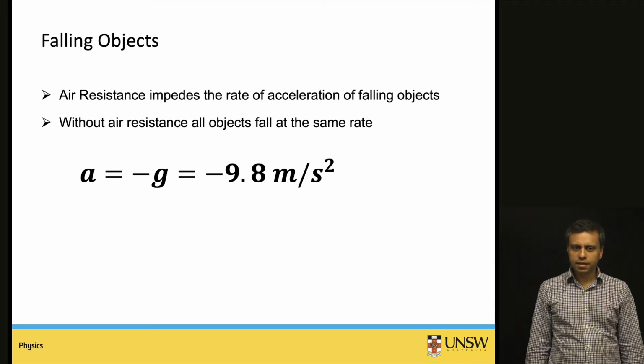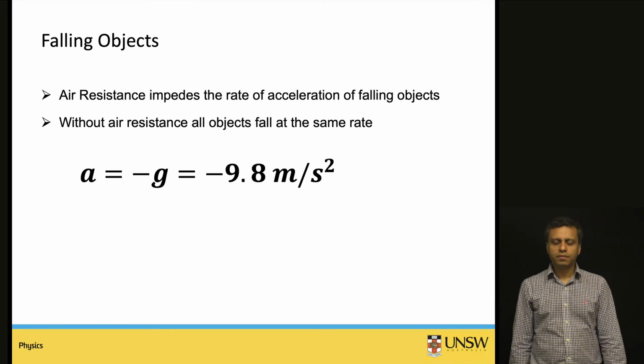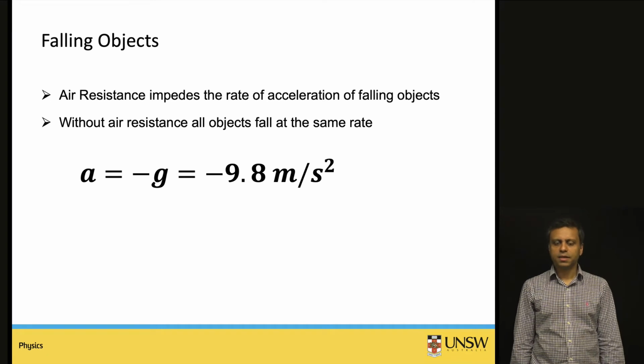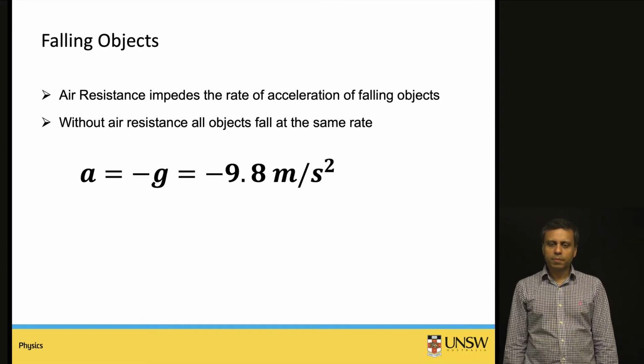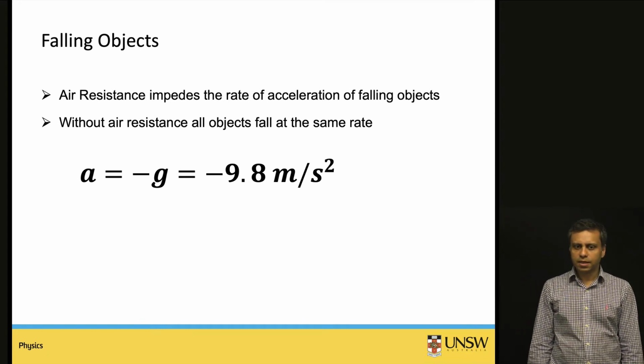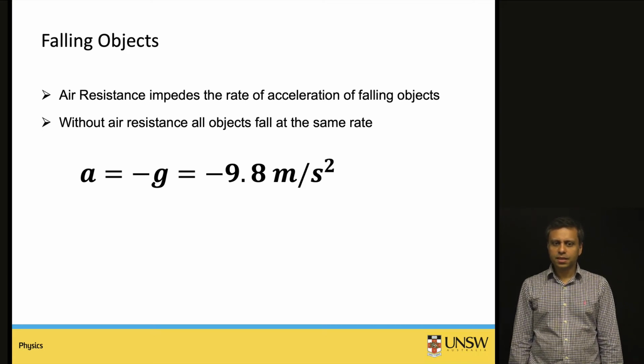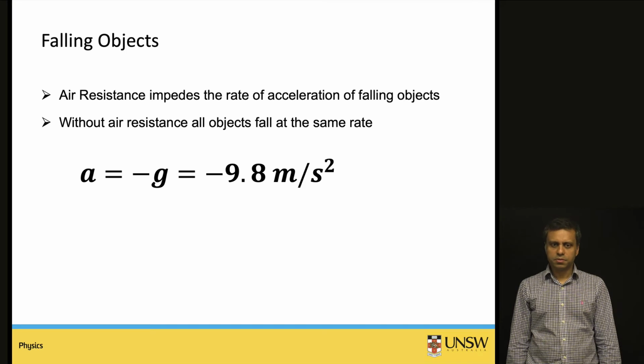There is a negative sign. g is the acceleration due to gravity, which has the value of 9.8 meter per second square near the Earth's surface. So then we can apply the equations that we have just derived, but substitute minus g in place of a in those equations. And we can analyze motion of freely falling objects.